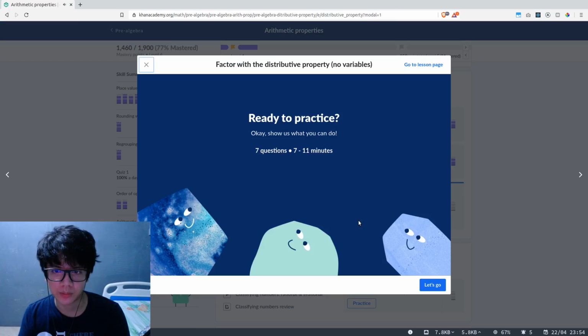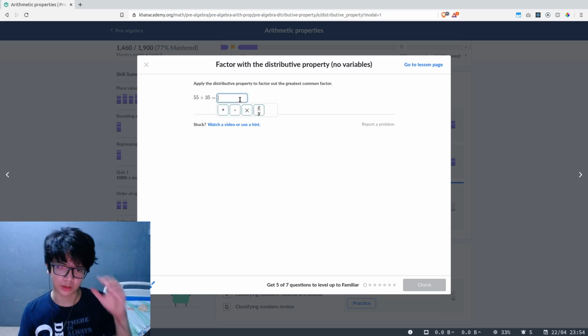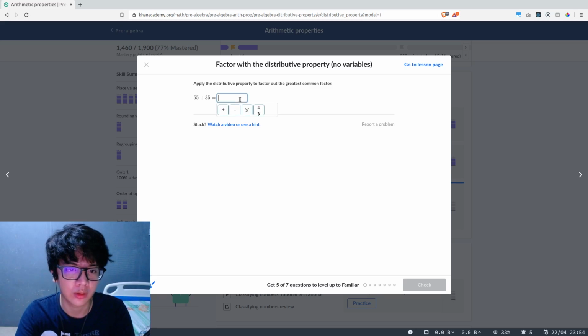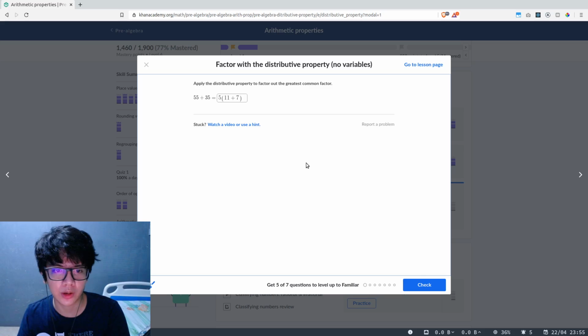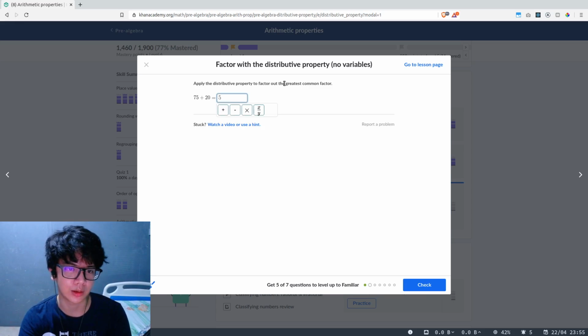Factor with distributive property, no variables. Factor the greatest common factor. Oh, it's gonna be 5, right? Oh my god, this is insane. 11 plus 7. Would this be correct? Oh my god. Cool. Seems like 5 as well. What are the greatest common factor?